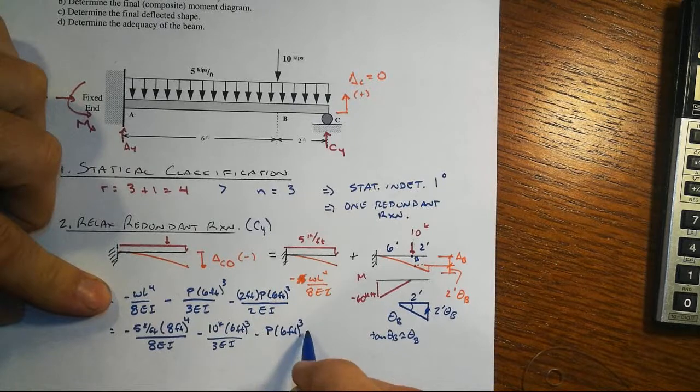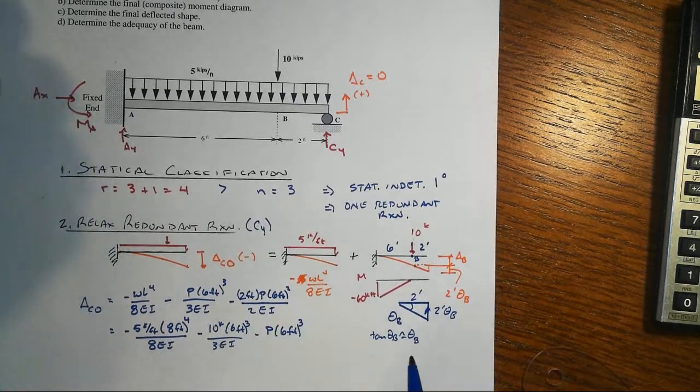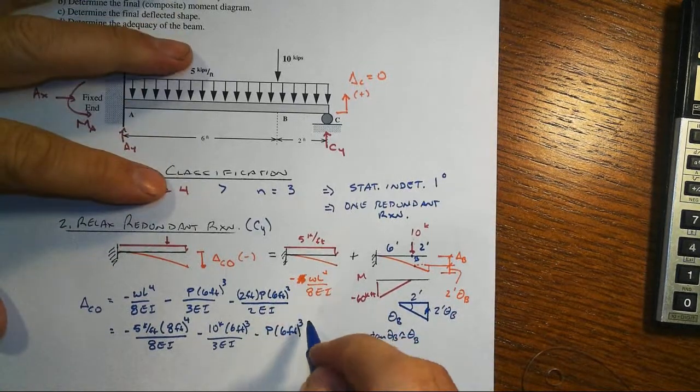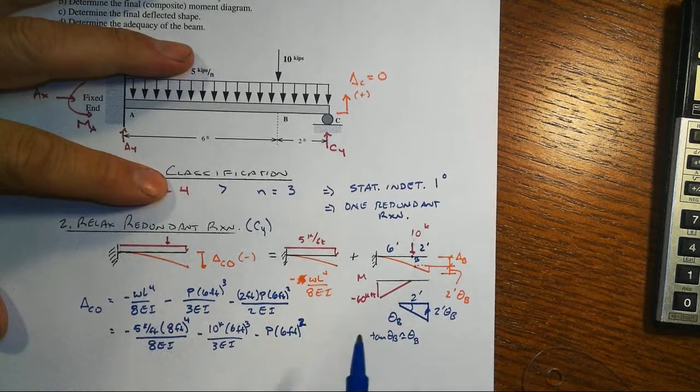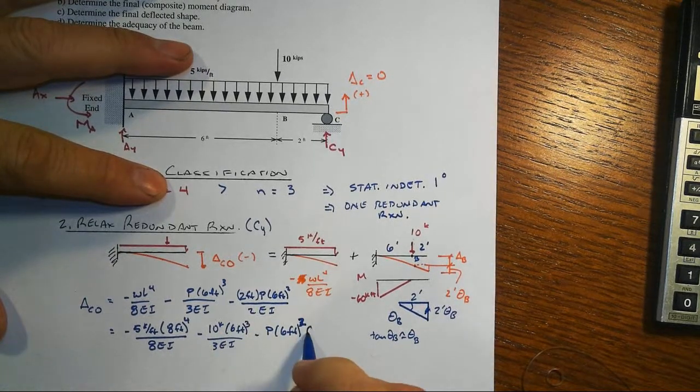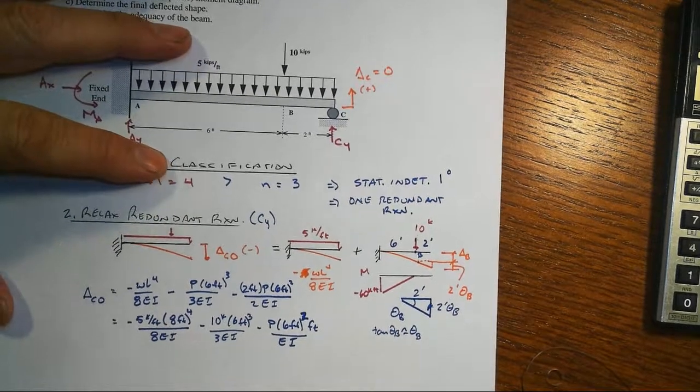That's cubed. We get another, oops, sorry, that's squared. I was checking units here, and that's how I knew that there was a problem with the way I was writing that.